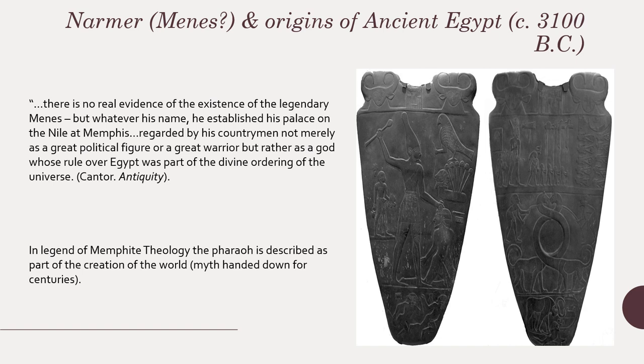A precedent is set here that remains, and that is that Egyptian pharaohs were seen as, and we think believed themselves to be, gods. The pharaoh is described in the theology of the Egyptians as part of the creation of the world.